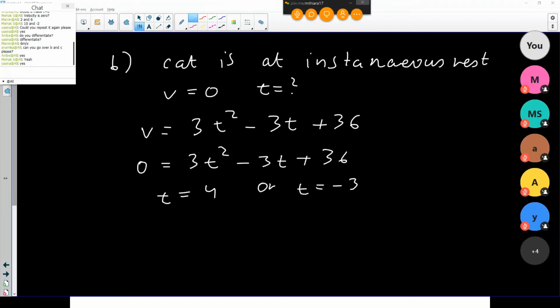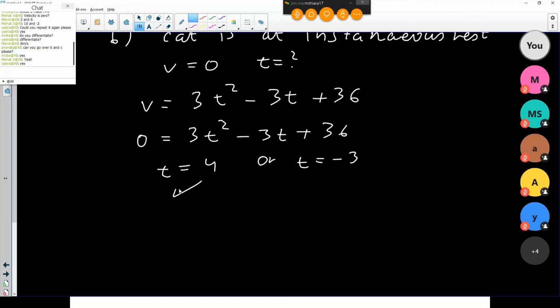Now obviously time can't be negative, so therefore t equals 4 is the only solution. Does that make sense, Anamika? For part B. Okay, that's good.